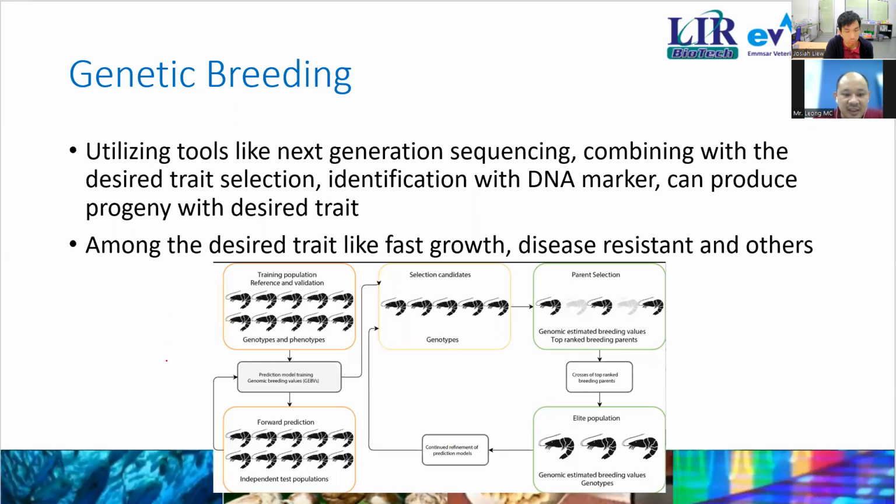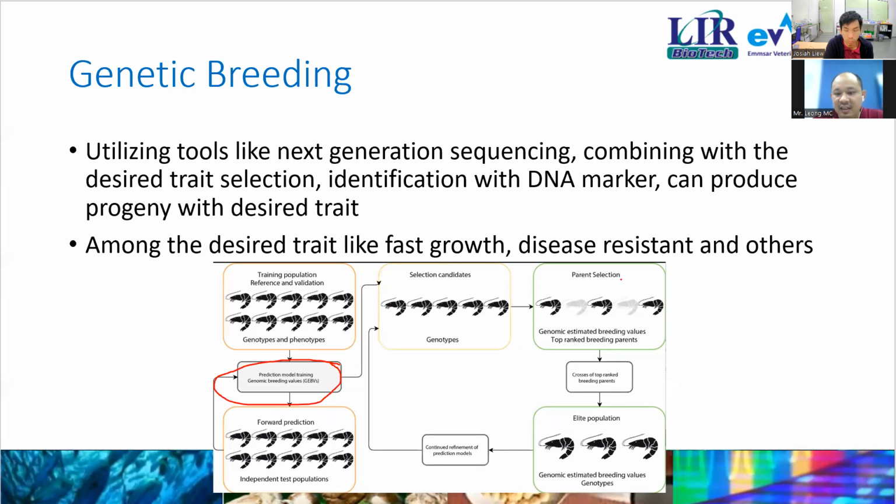So basically, the initial stage involves prediction model training using what we call the genetic breeding value. After this, they select the candidates with the genotype.